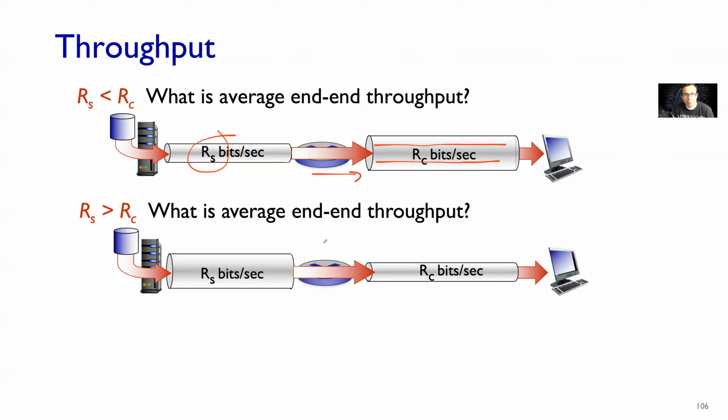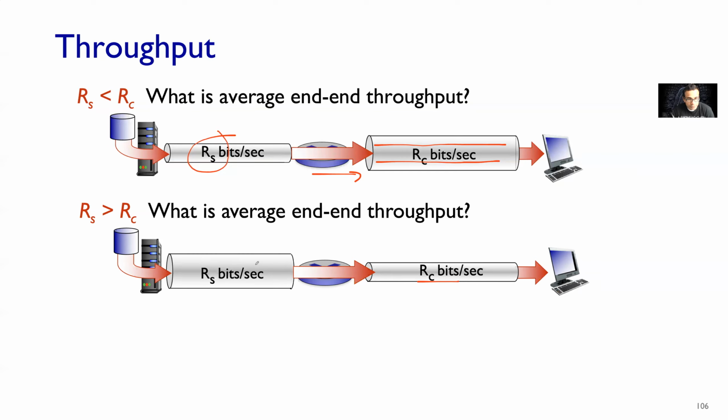Now, how about this? When RS is greater than RC, what would be the end-to-end throughput? Correct. As all of you have answered here, this would now be RC, because this bandwidth is lower than this.